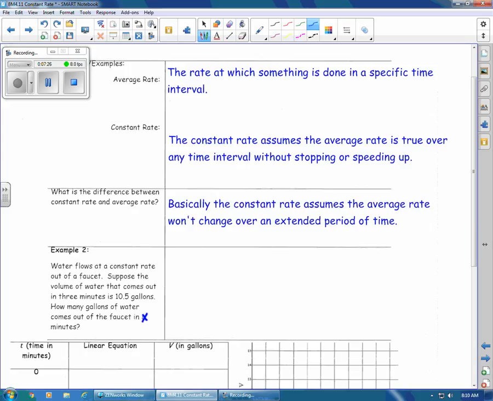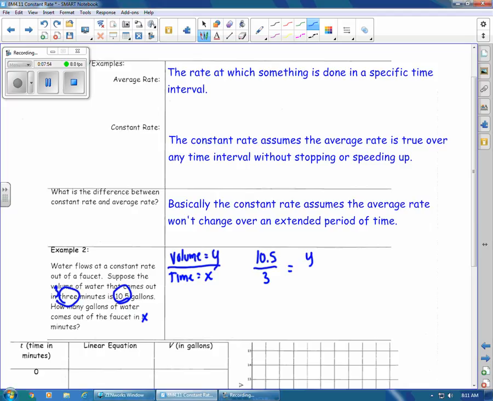So again, our volume here is going to be our Y, and time is going to be our X. Okay. Set it up the way we've set up all of the other problems. So we've got 10.5 coming out in 3 minutes, and we're setting up a 2-variable equation.